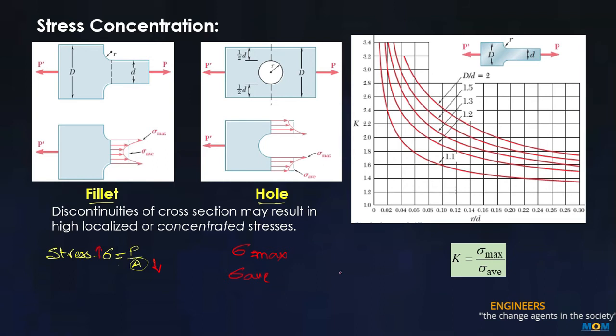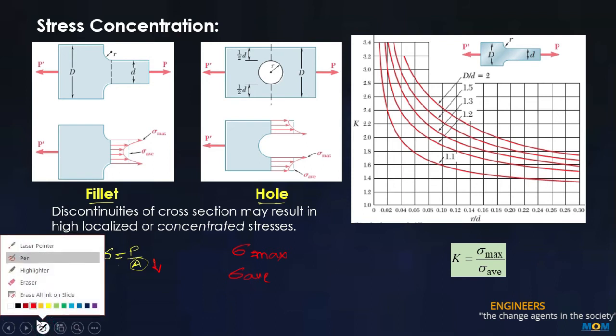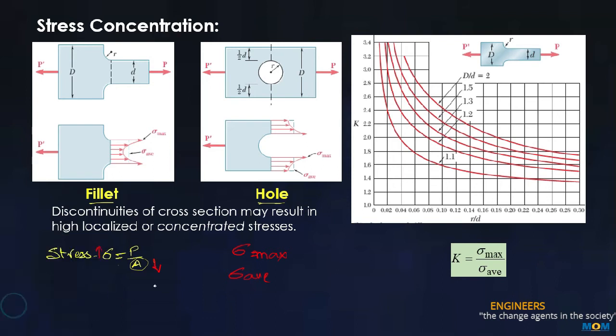The stress concentration factor is very important from a design point of view, and it is calculated using this expression: K, the stress concentration factor, is the maximum value of stress over the average value of stress. And this plot is developed to calculate the stress concentration factor for isotropic and homogeneous materials.